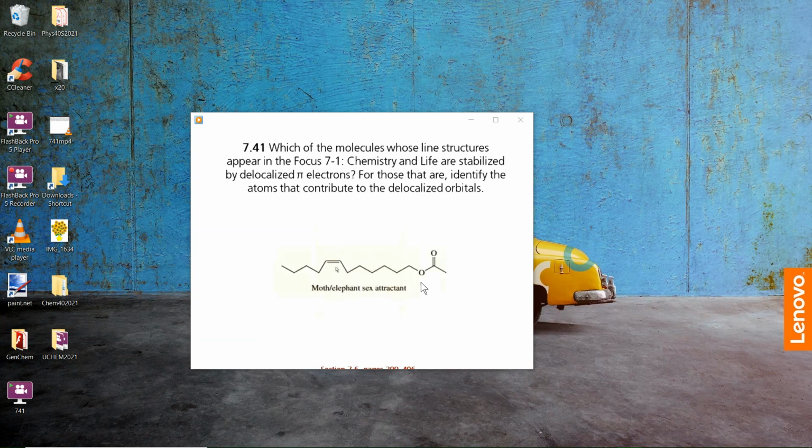Here's a sex attractant for both moths and elephants. We have a double bond, and everything else is single bonds until way at the end. That's another double bond, but those p orbitals are way too far away from each other to have any delocalization. So this molecule is not going to exhibit delocalization.